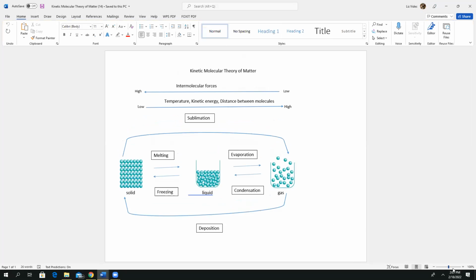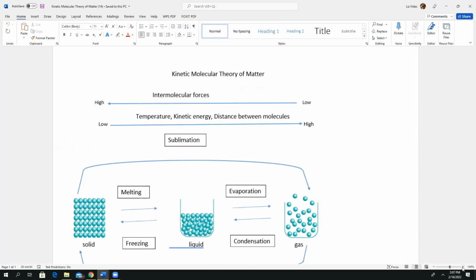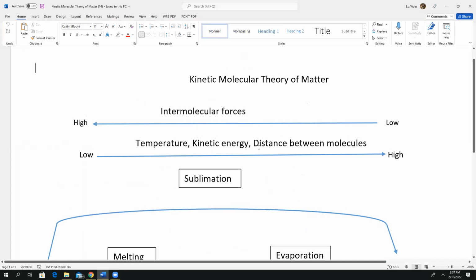Okay, so like I was saying, in the kinetic molecular theory, what matters are these things. And the way that I made this, I didn't draw it, but I made it, was by showing you that the forces go from low to high on the diagram below, right?